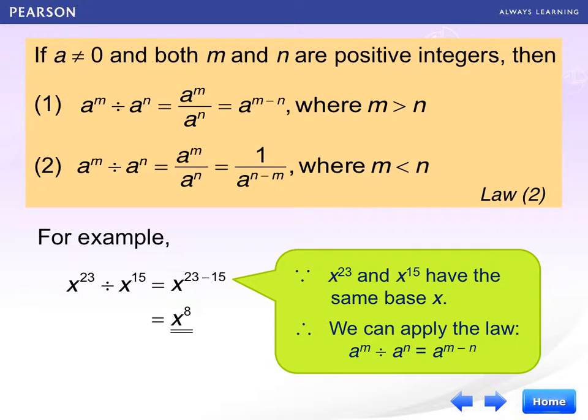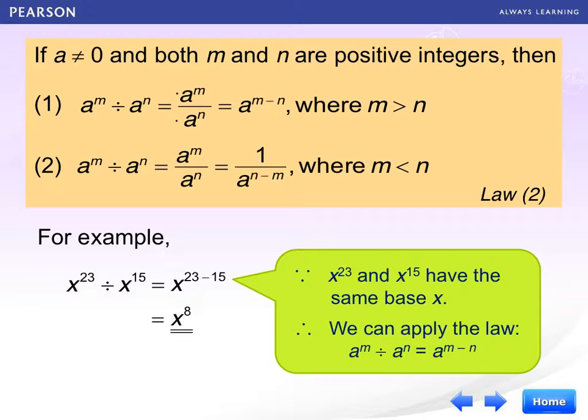But when you perform division with the same base, in Form 1 we learned that we need to subtract the index. Which one minus which one depends on which one is larger.